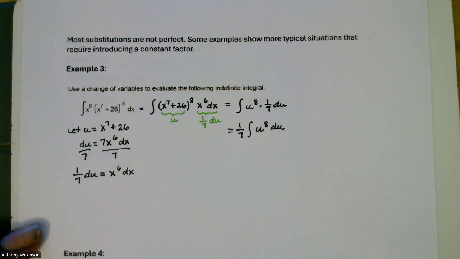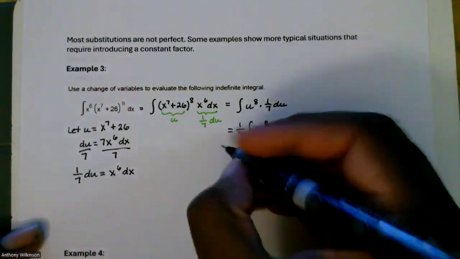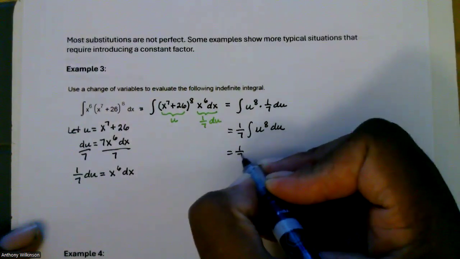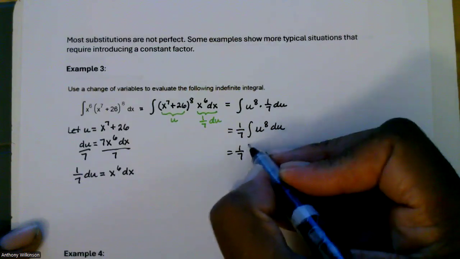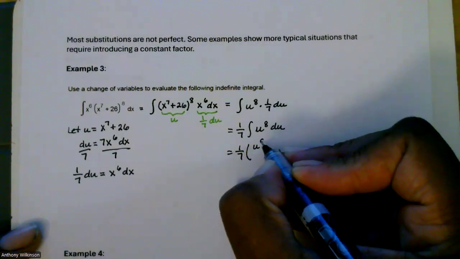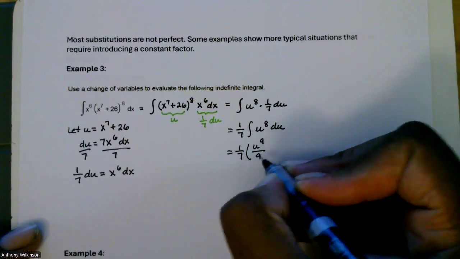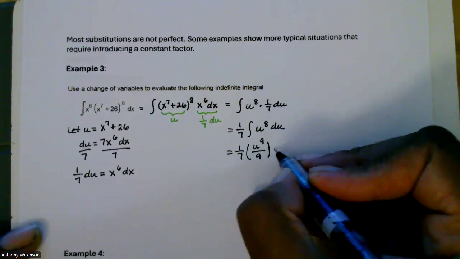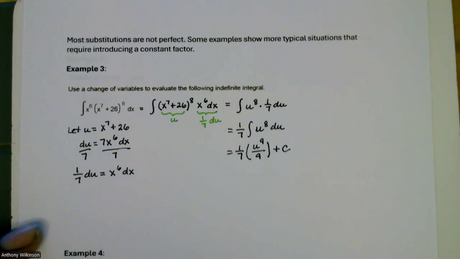And from here, I can go ahead and integrate by using the power rule. So I bring down the 1/7, and then increase the power by 1, so it'll be u to the 8 plus 1, which is 9. That'll be divided by that new exponent of 9. And it's an indefinite integral, so I need to include plus c.